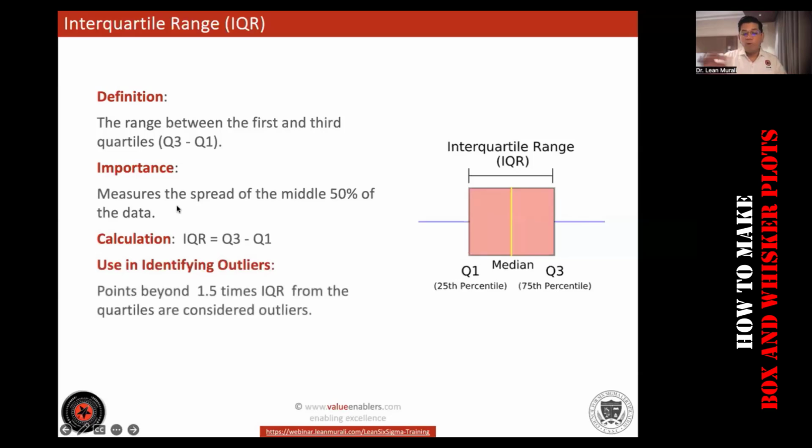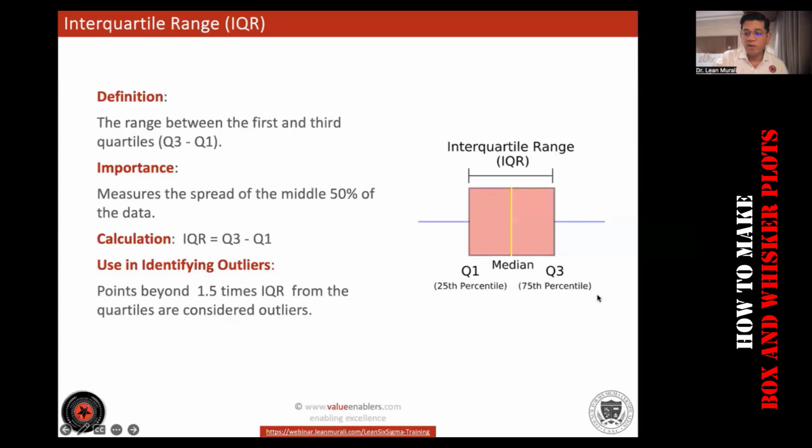Now points beyond 1.5 times IQR: I repeat, points beyond 1.5 times the IQR, which is Q3 minus Q1, from the quartiles are considered outliers. Please write it in a notebook, because in that picture I was not able to explain it when I marked the outlier.